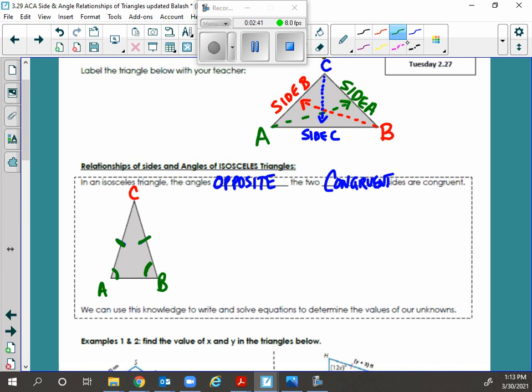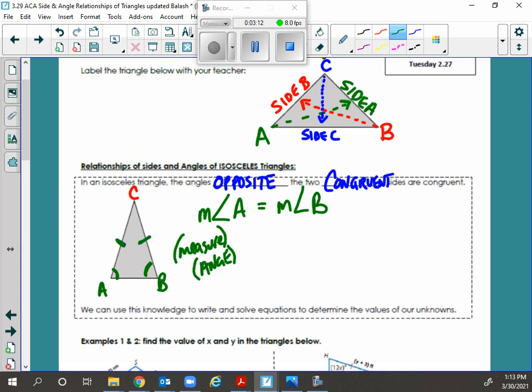So what does this mean? It means the measure, that's what this little M stands for, of angle A. So the M is measure, little angle picture is angle, A stands for the angle we're talking about. Measure of angle A is equal to the measure of angle B. They're the same.